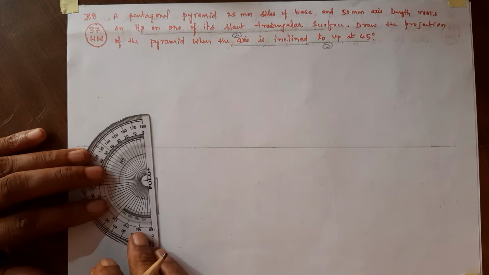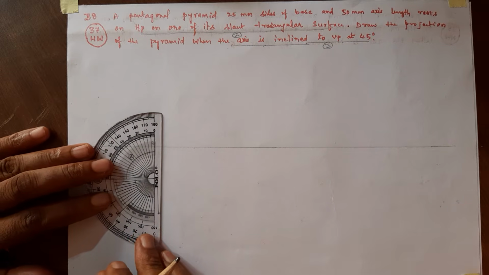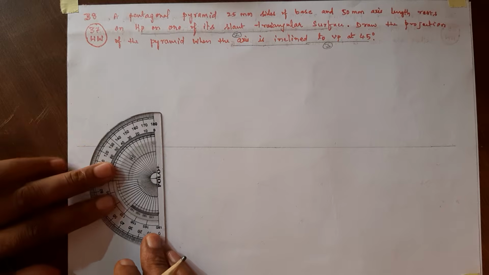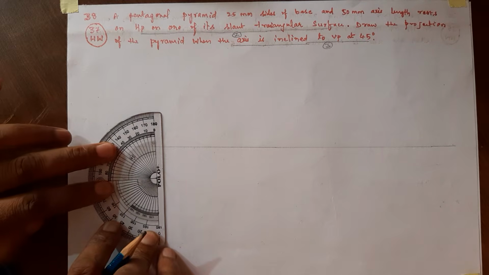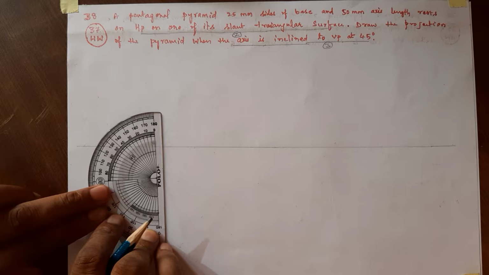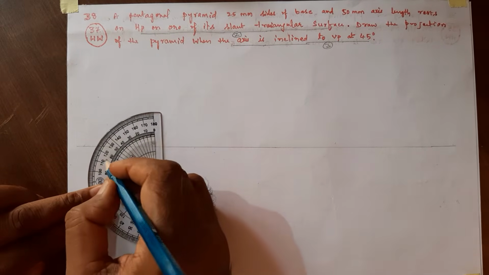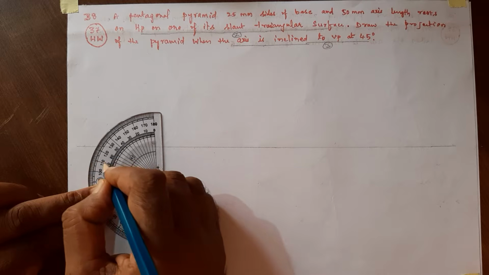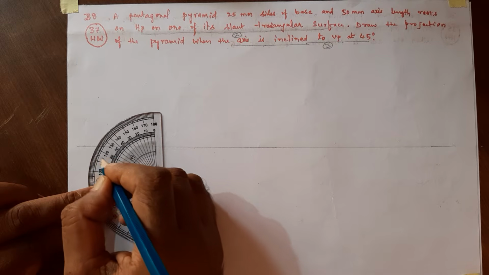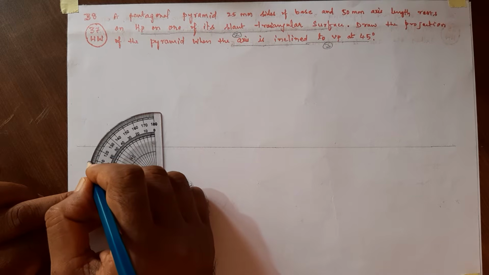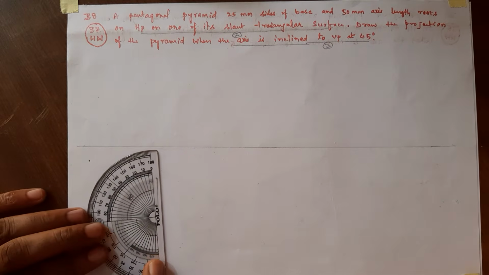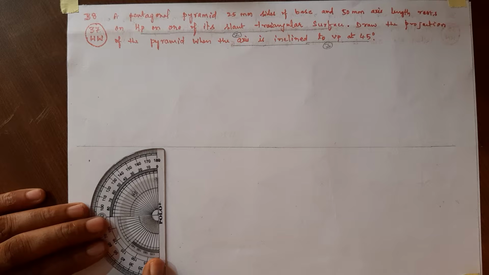keep the protector at one end of the vertical line. Measure 72 degree in anti-clockwise direction. Now this is 72, and 72 here. Similarly, keep the protector at the other end of the vertical line.